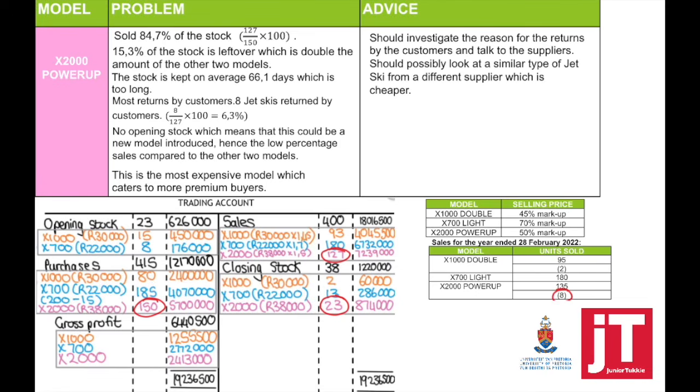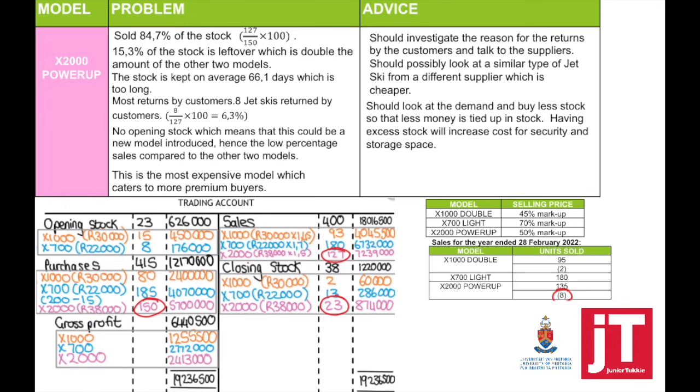So if we look at what advice, we should investigate the reason for the returns by the customers and talk to the suppliers. Should possibly look at a similar type of jet ski from a different supplier which is cheaper. Should also look at the demand and buy less stock so that less money is tied up in stock.